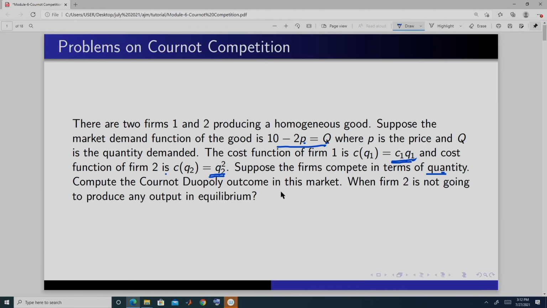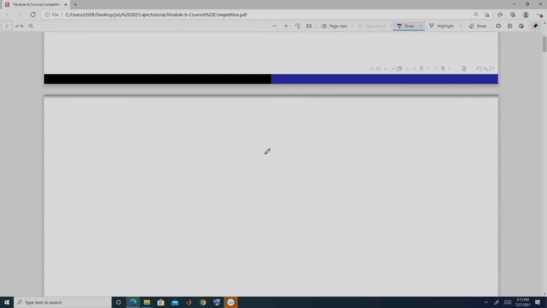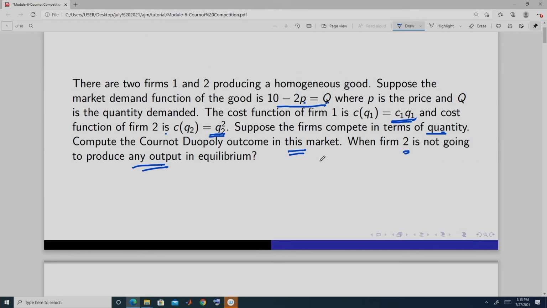Compute the Cournot duopoly outcome in this market, and also find when firm 2 is not going to produce any output in equilibrium. Now, from this we get the inverse demand function, which is this.